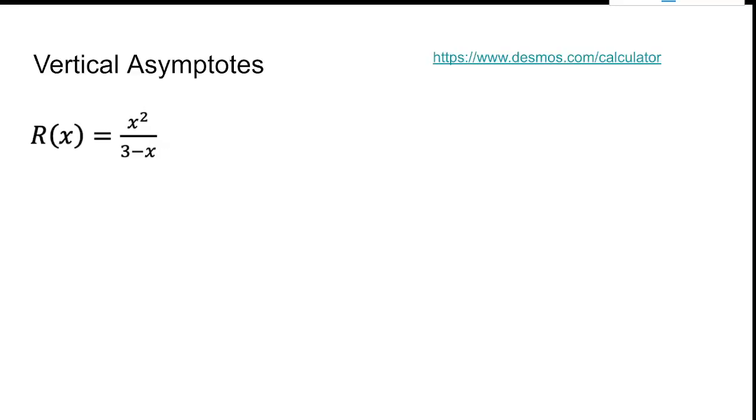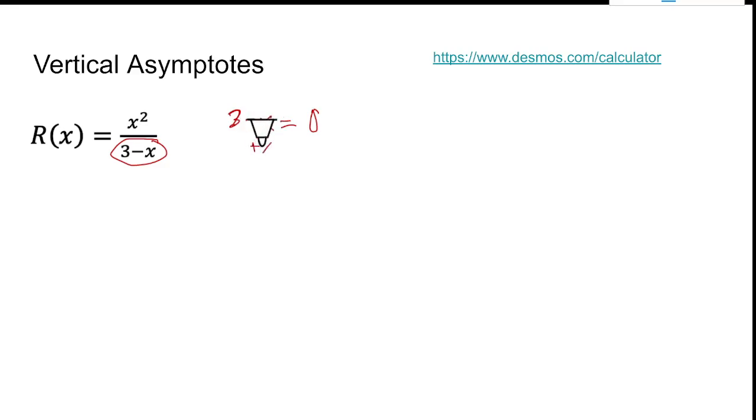So let's look first for vertical asymptotes. Again, that's going to happen whenever the denominator becomes equal to 0. So in the past, we just looked at this as 3 minus x equals 0, and that gives us the number that we need to exclude from the domain.